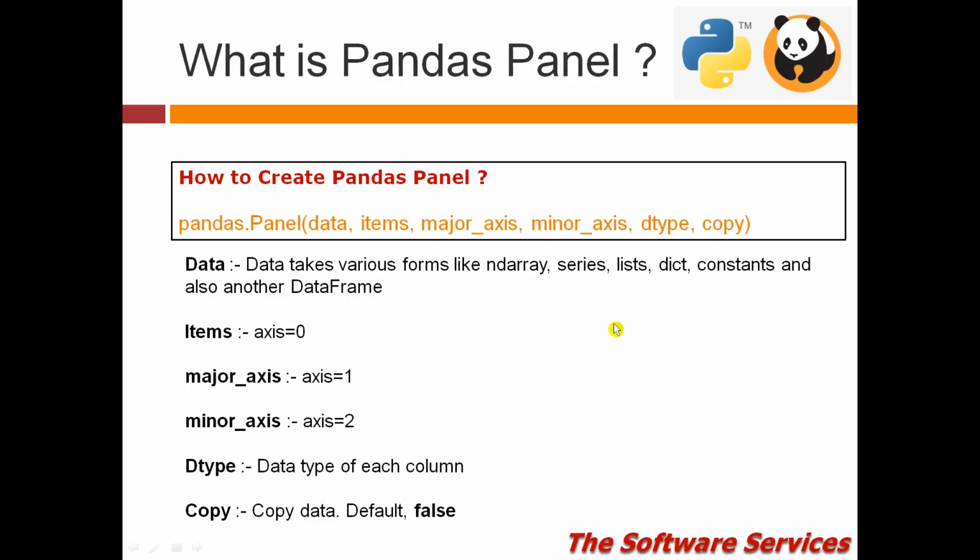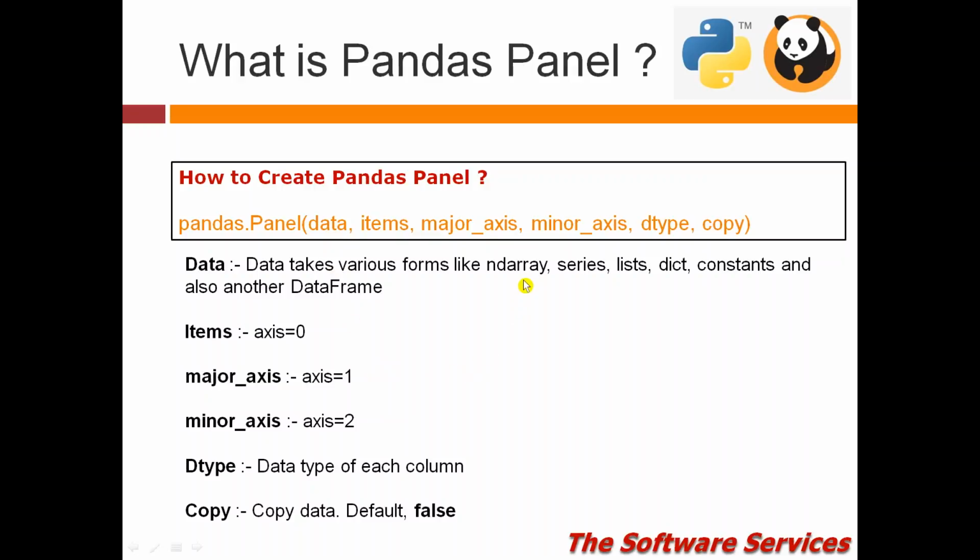Okay, so then how to create the panel? The panel will be created with the method called pandas.Panel. The P is a capital letter here, and you need to pass these arguments. Data is a mandatory parameter, friends.